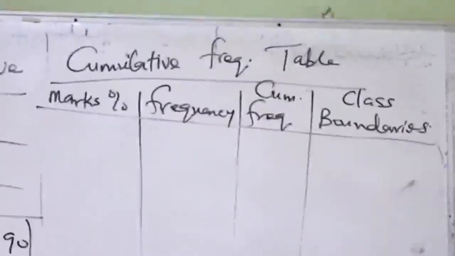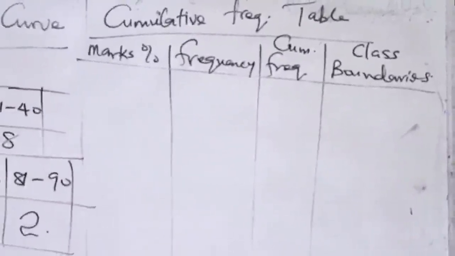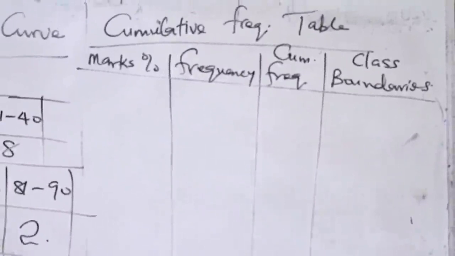Please, your cumulative frequency table must have 4 columns, and these also attract marks.